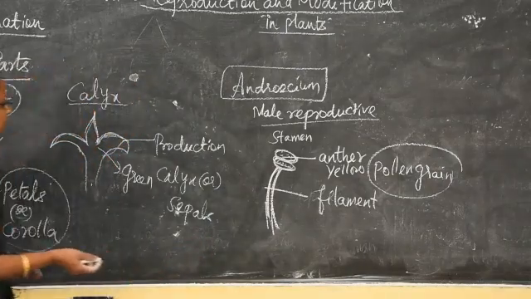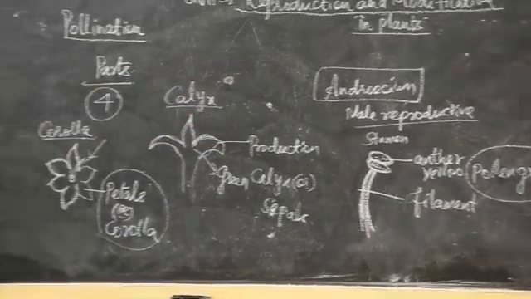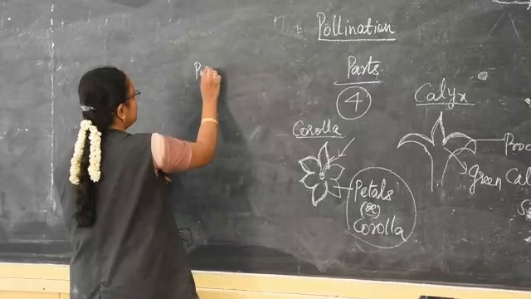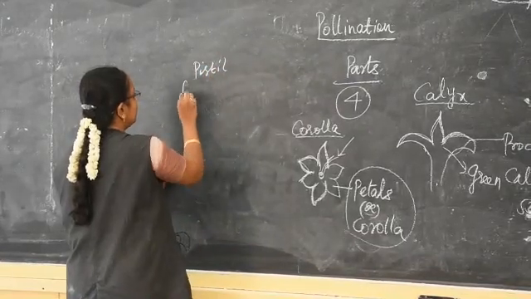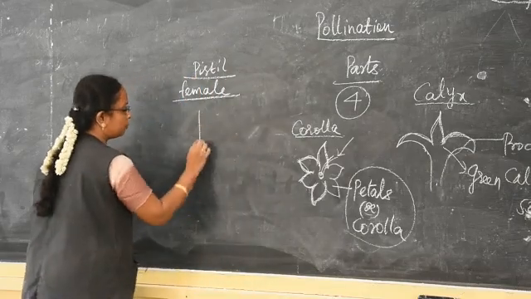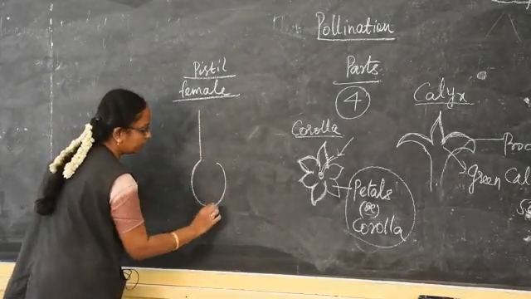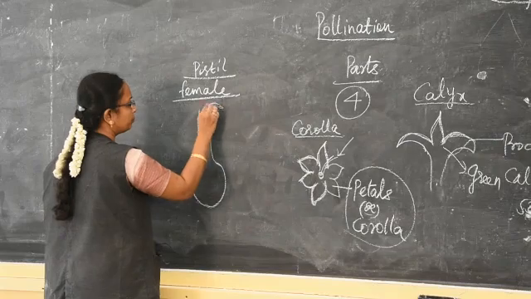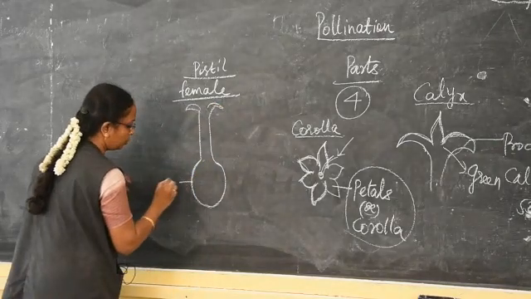The next whorl comprises the pistil, the female reproductive organ. What does it comprise of? It consists of the swollen base, that is known as ovary.